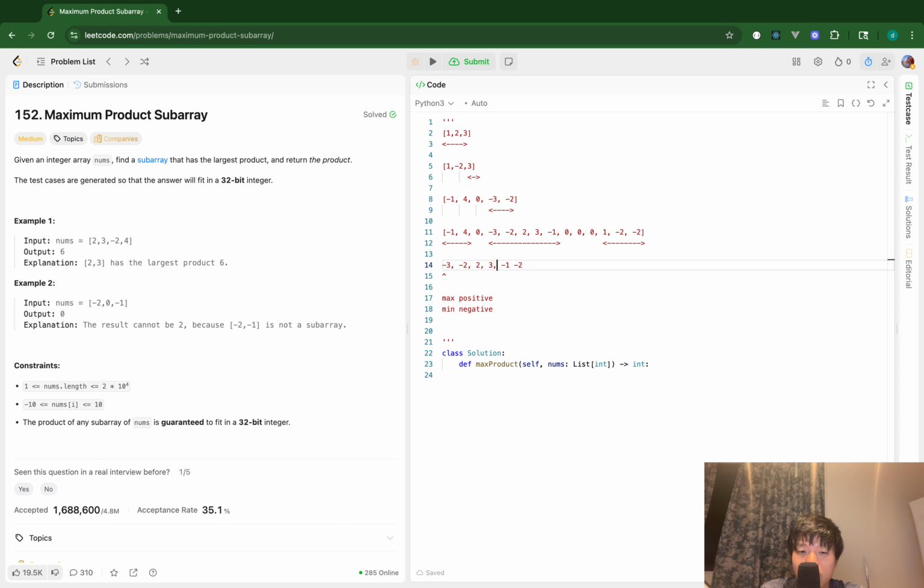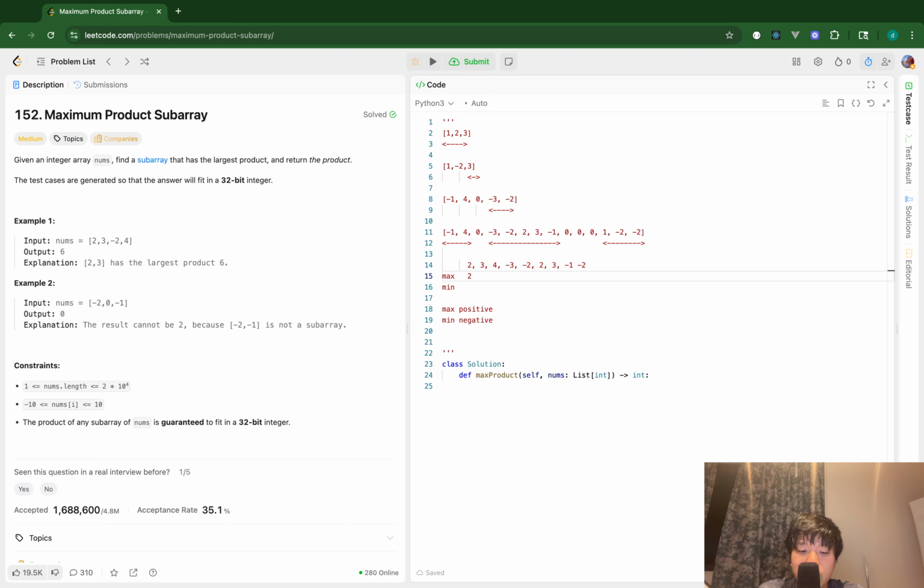So what I mean by this is that, say I have 2, 3, 4. Firstly, the maximum should be 2.